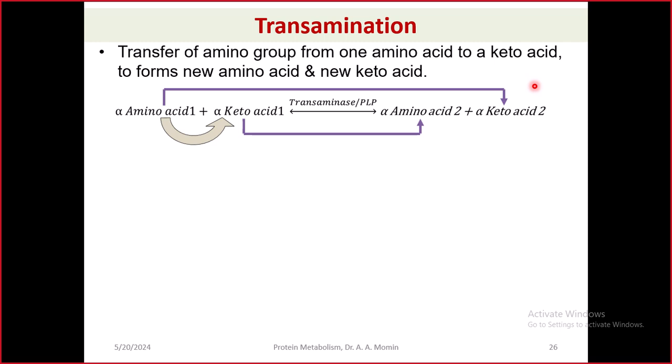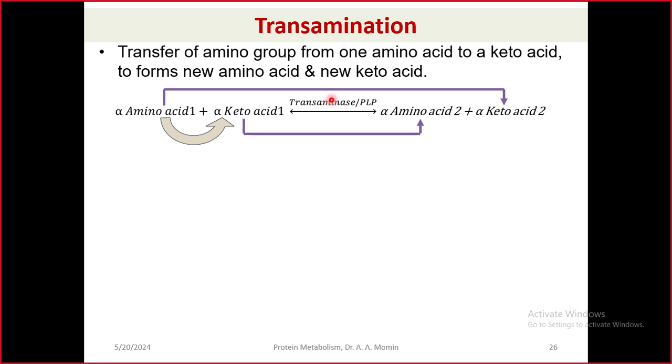There is no net separation of the amino group as ammonia in transamination, only transfer of the amino group. These reactions are catalyzed by a group of enzymes called transaminases or aminotransferases. This enzyme requires a cofactor called pyridoxal phosphate, a cofactor derived from the vitamin pyridoxine.